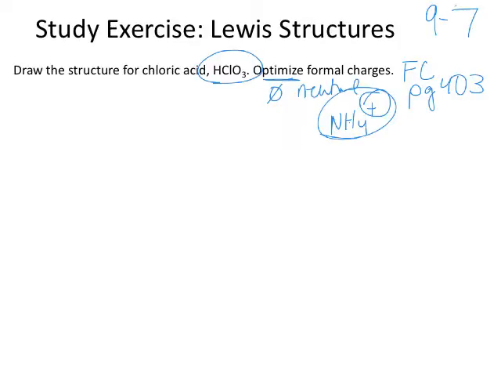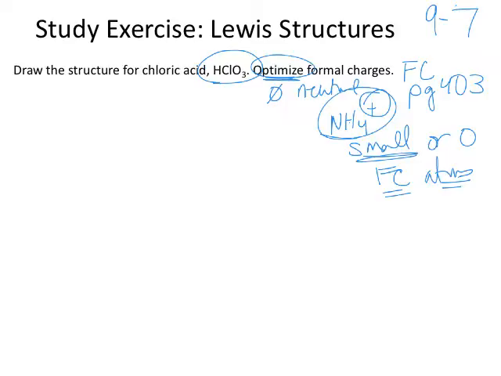Okay, the third rule, and this is where we talk about optimizing. Small or 0 formal charges on individual atoms are better than larger ones. So if the sum is small, you want a small or 0 formal charge on the individual atoms.